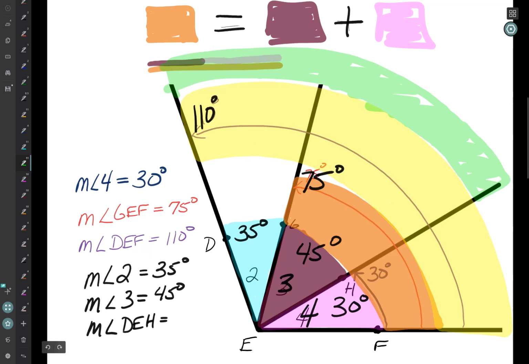What two colors make up the green there? Blue and dark red, right? So it would be 35 plus 45, which would be 80.